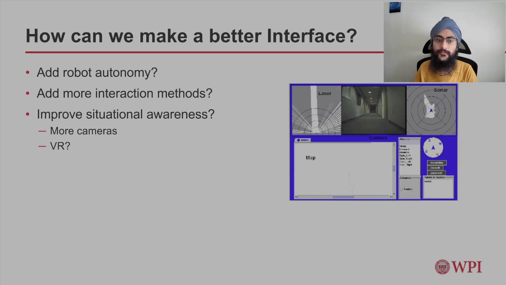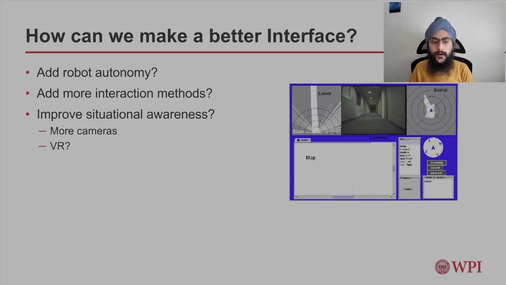And so we can look at that third bullet point. How can we improve the situational awareness of the user so they get a better sense of their surroundings in an easier way? And so one solution is to add more cameras. So if we have a panoramic view around the robot, then you can look around in the environment and get a sense of where you are in 3D space and control the robot accordingly.